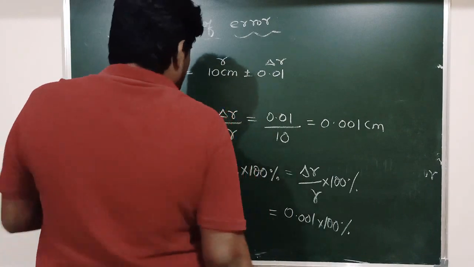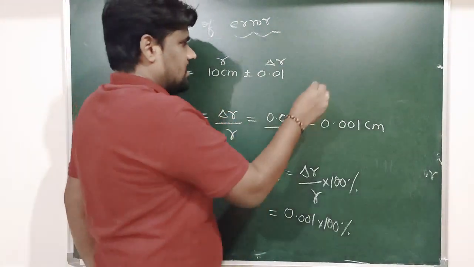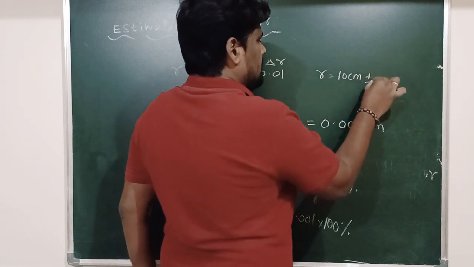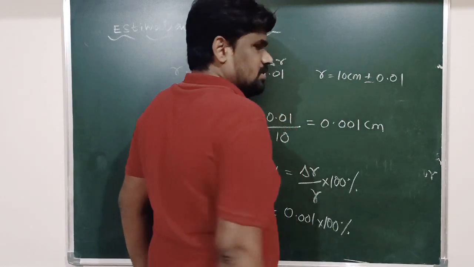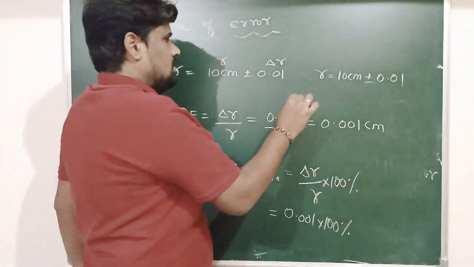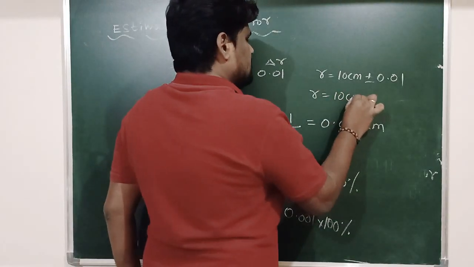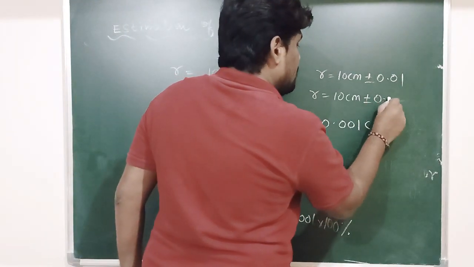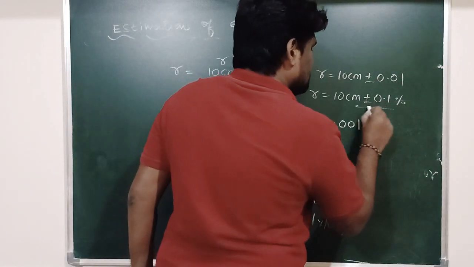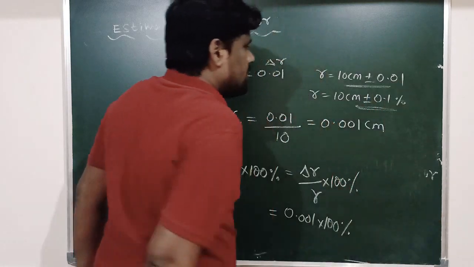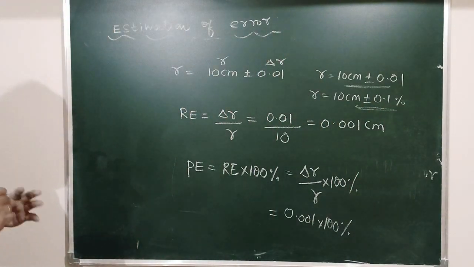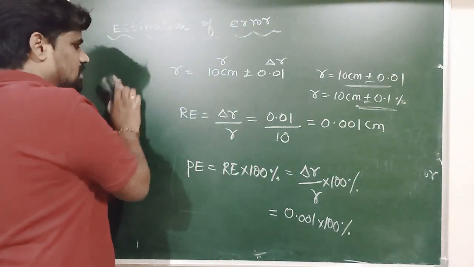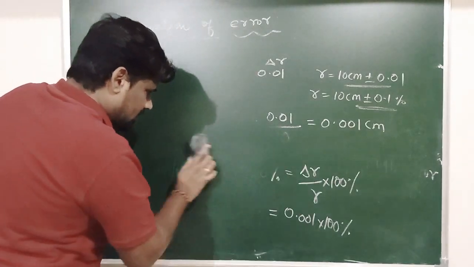The radius can be written as 10 centimeter plus or minus 0.01, or else r is equal to 10 centimeter plus or minus 0.1%. So this is how you report the errors in the measurement. Of course, such things you already studied in your PUC first year theory.